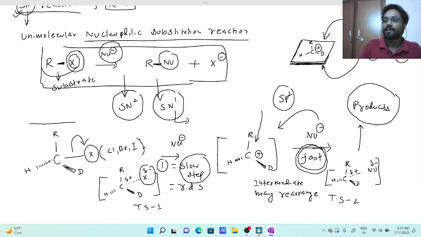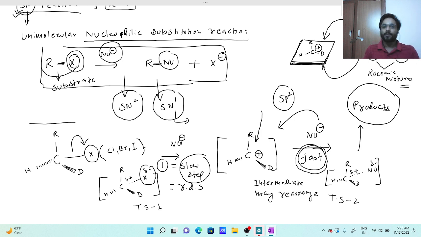Why am I saying this? Because the probability of the nucleophile attacking above the plane and below the plane are equal. So that's why we are getting the product in equal amount. Hence, we are saying that they are racemic mixtures.